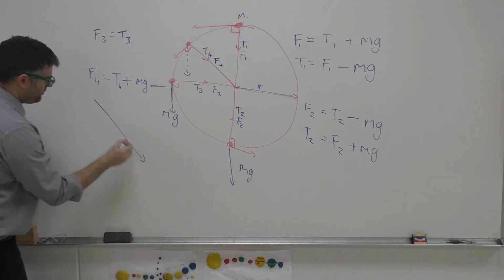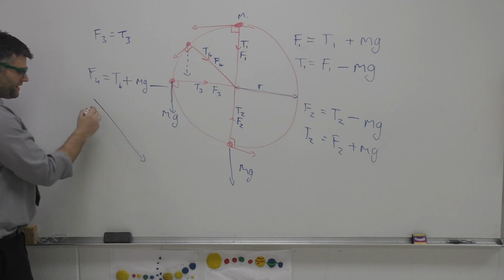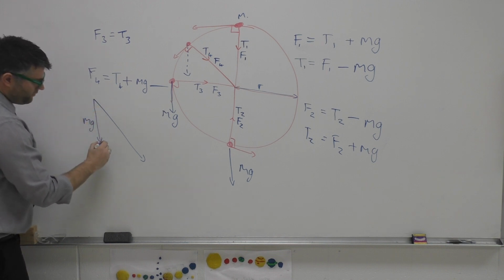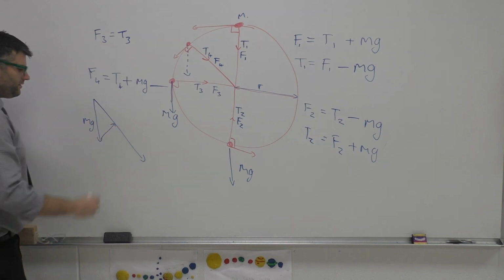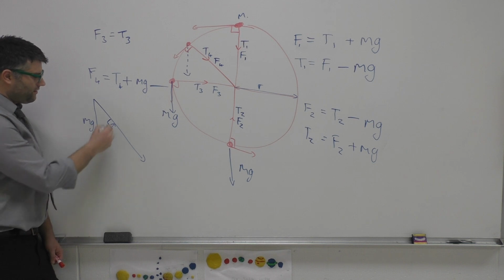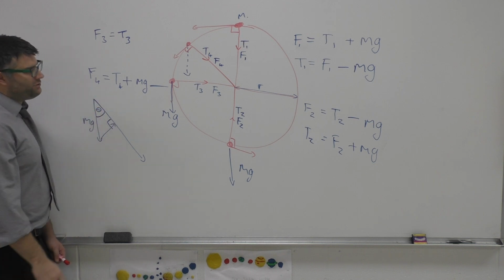So there's our centripetal force acting in that direction, and we've got our weight mg, and then we've got this value here, which is the triangle, and we can suggest that we've got a value of theta.